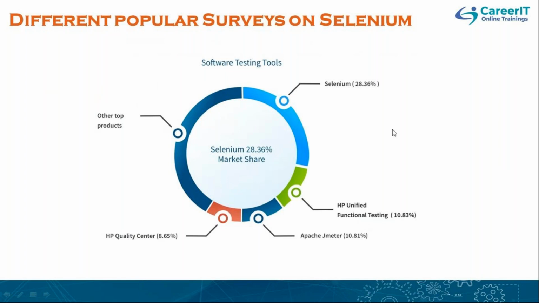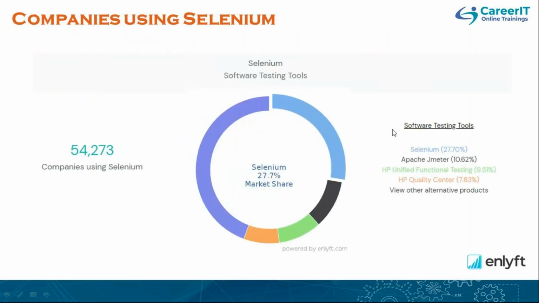Okay, and this is another interesting survey which tells about how many companies in the entire world are using Selenium. So there are a total of 54,273 companies using Selenium as part of their automation.